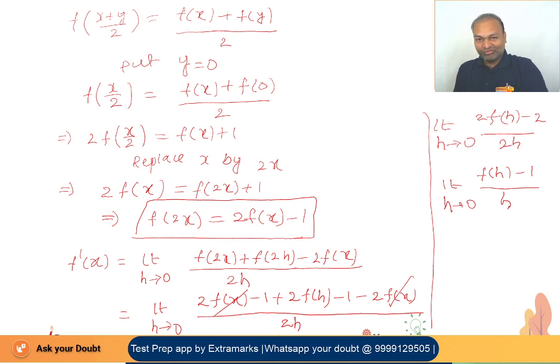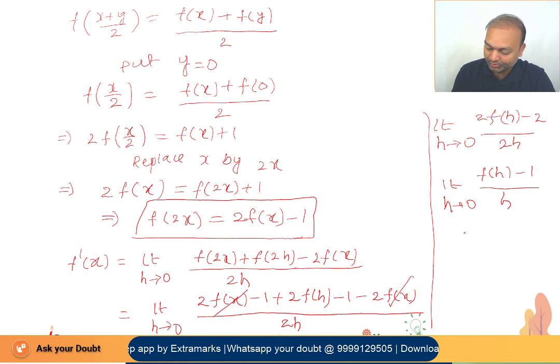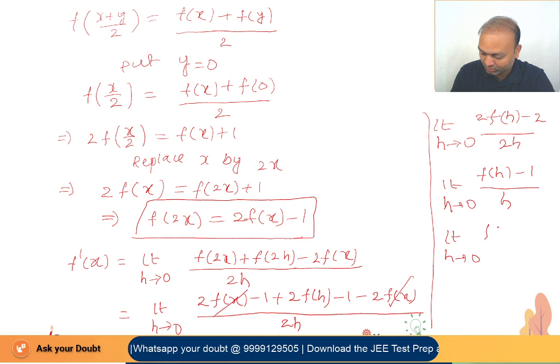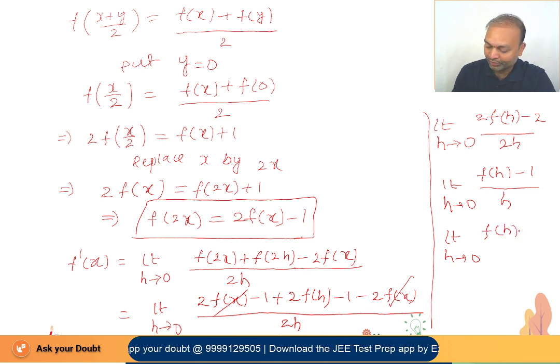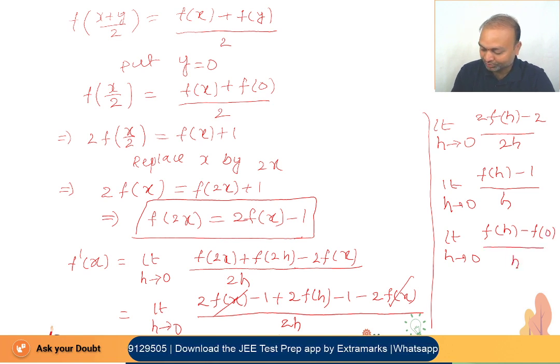Right? Now for our convenience, 1 means f of 0, I am writing. Limit h tends to 0, f of h minus f of 0, whole divided by h.